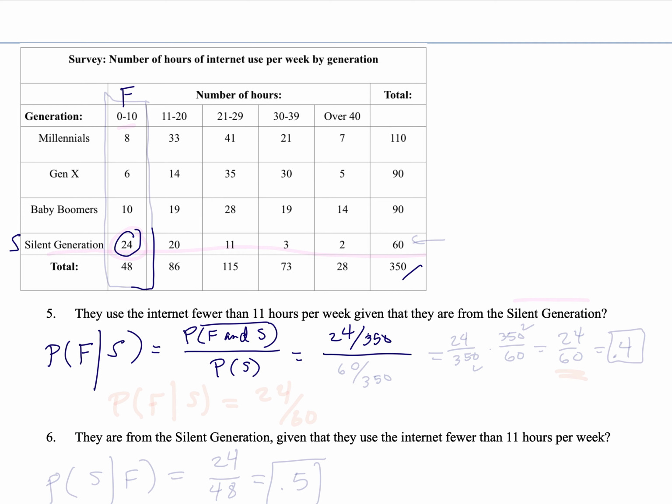So that's the probability of F and S divided by the probability of just S. So how many people are from the silent generation? This is 60 people that are in the silent generation in this survey divided by 350. If you divide fractions, remember that dividing by a fraction is the same as multiplying by the reciprocal.